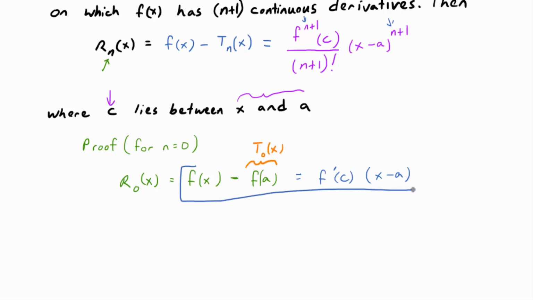What do we call it in Calc 1? You're close. MVT, the mean value theorem. In Calculus 1 you called it that, but it doesn't really matter what you call it. And then my proof is going to consist of this statement, citing Calc 1.